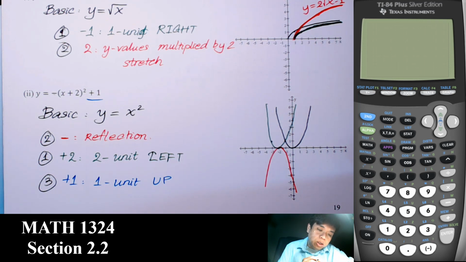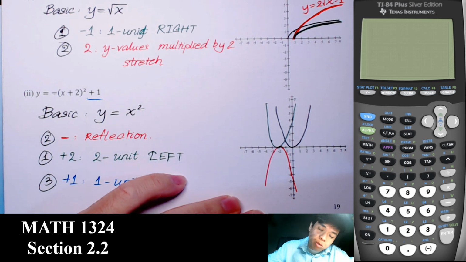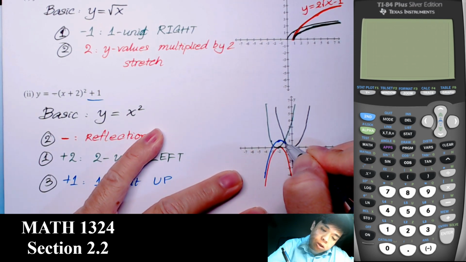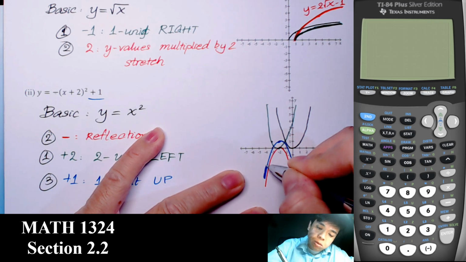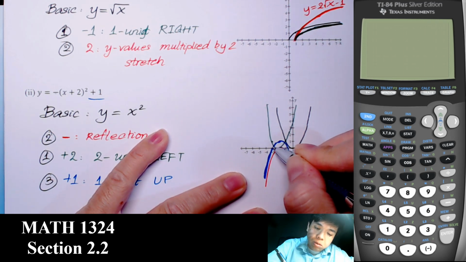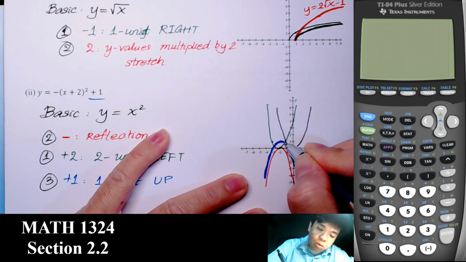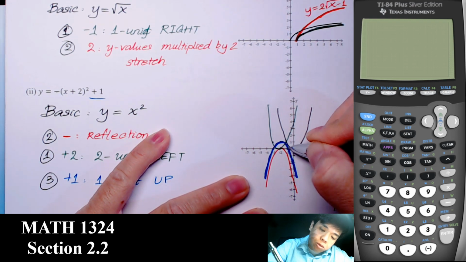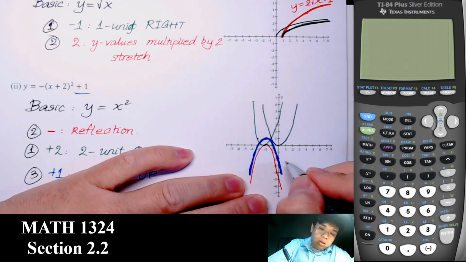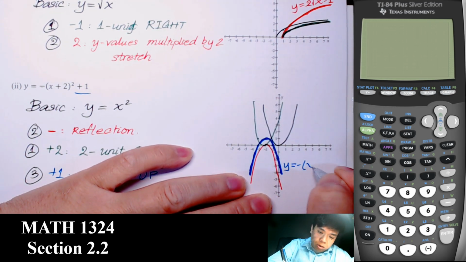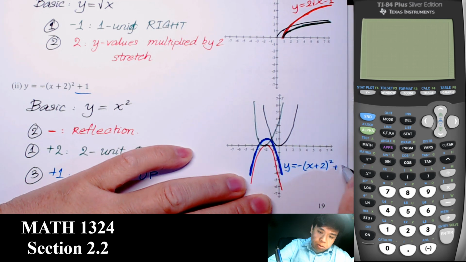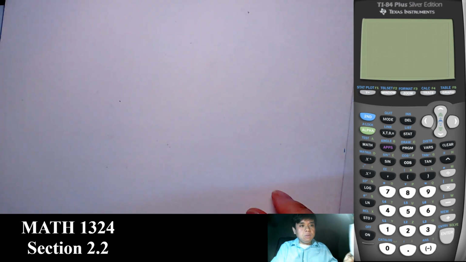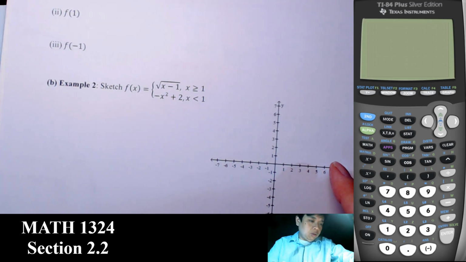So 2 units to the left, reflect, then 1 unit up, just move up 1 unit. Right, so that's what we have.